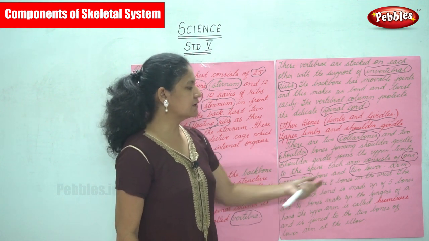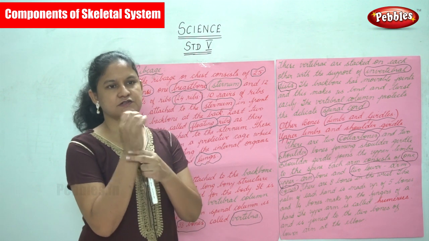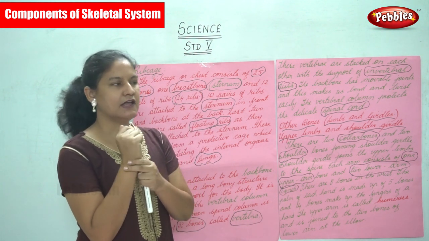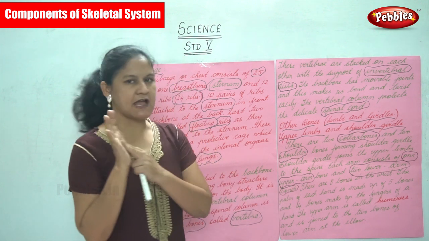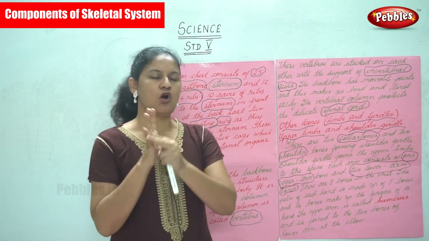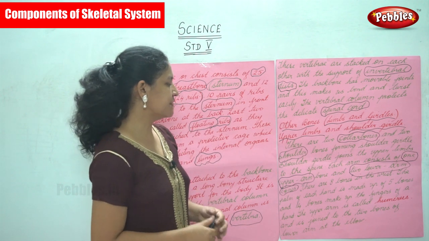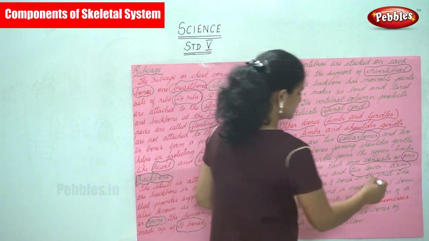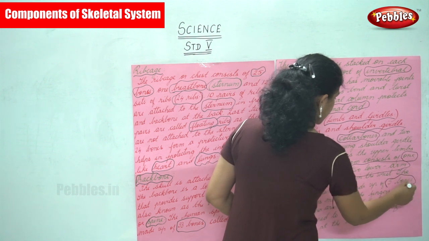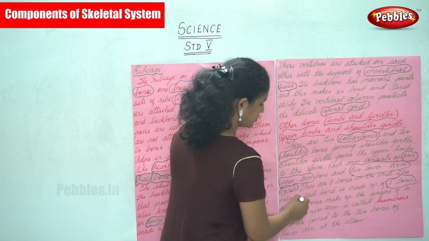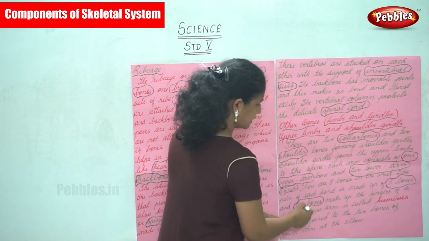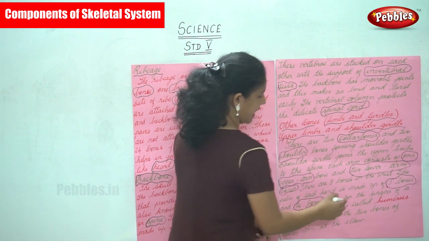There are 8 bones in the wrist. The palm of each hand is made up of 5 bones, and 14 bones make up the fingers of a hand.